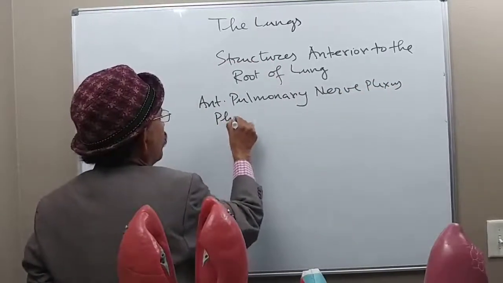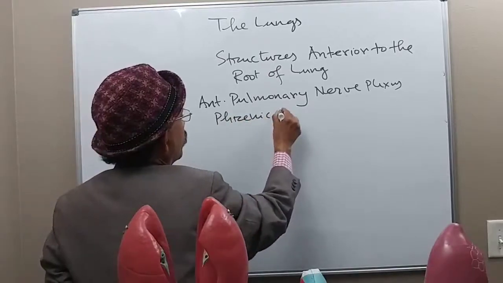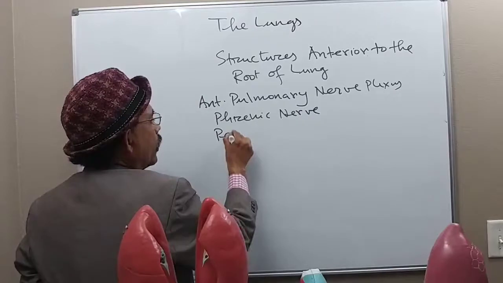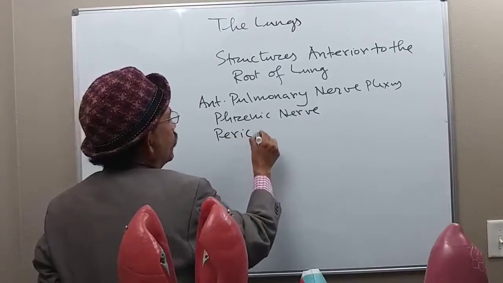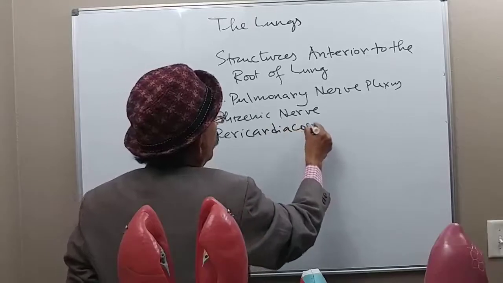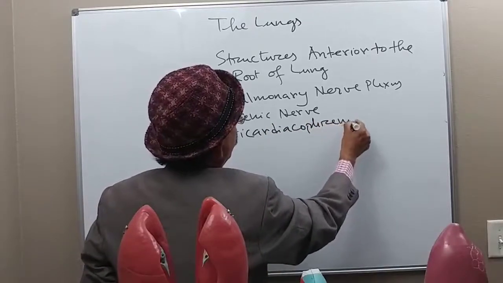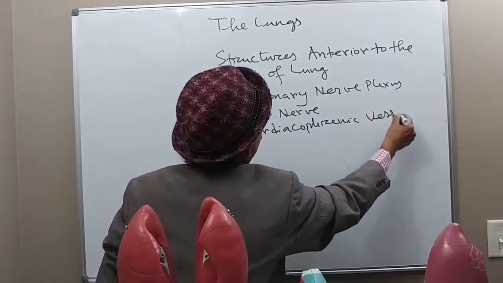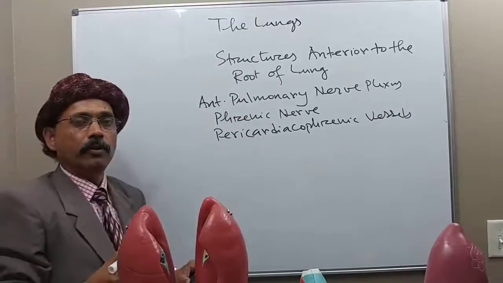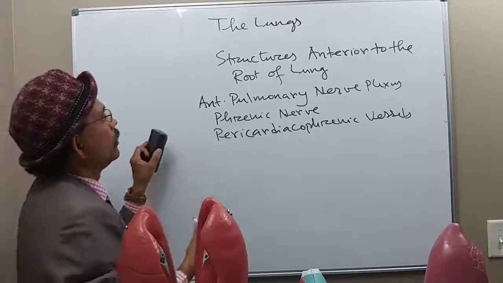We have the phrenic nerve and pericardiacophrenic vessels. These are located anterior to the root of the lung.